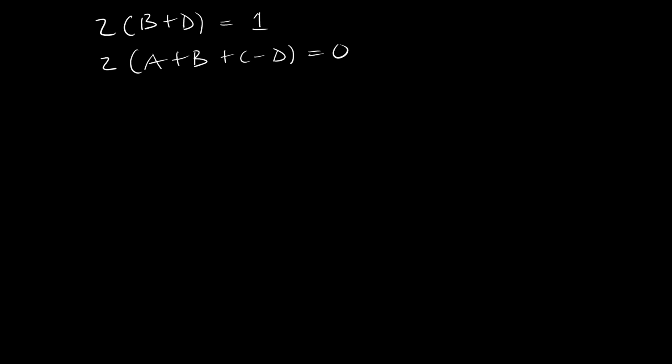We see that we have 2b plus d equals 1, right? And then we saw that 2a plus b plus c minus d equals 0.